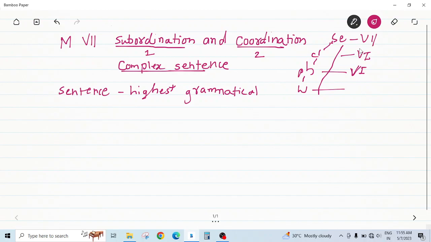So you must know that we make types of sentences, or we classify sentences, in two different ways. The first way is on the basis of meaning.